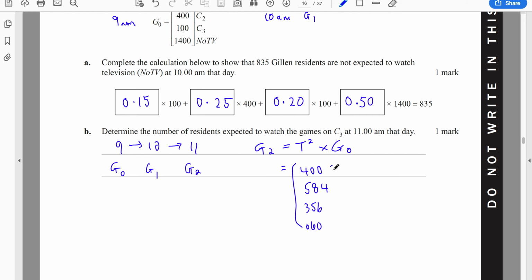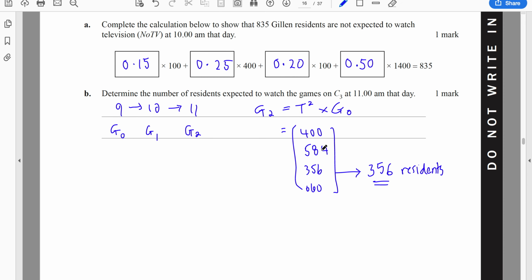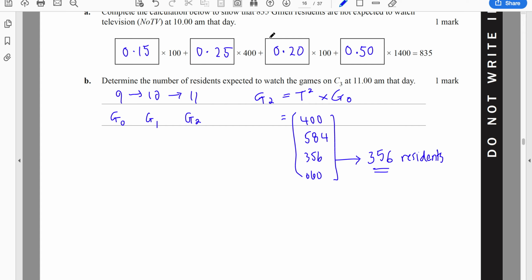And then, of course, we state the final answer. We only want this one. So 356 residents is our final answer. We just make sure that we're nice and clear what our final answer is. We don't just leave it in that matrix, because then, of course, we're actually giving 4 answers, not one of them, as required.